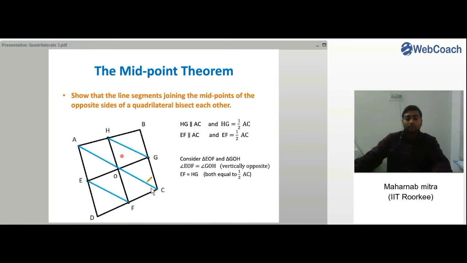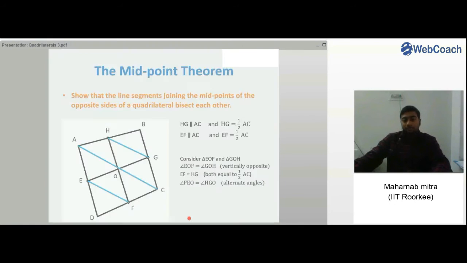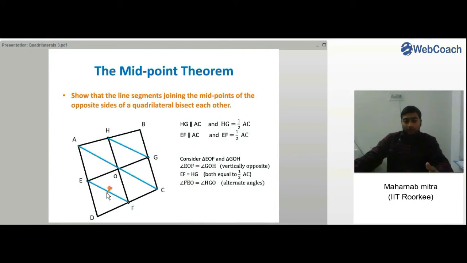And angle FEO, which is this angle, and angle HGO, which is this angle, both these angles are equal. And how is that? We are using HG parallel to EF, right?